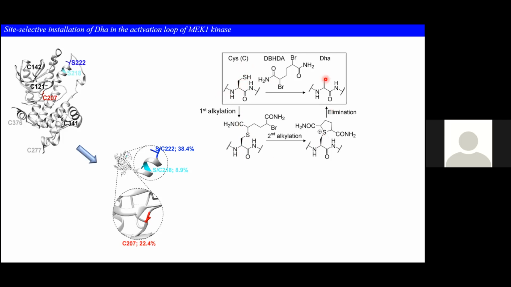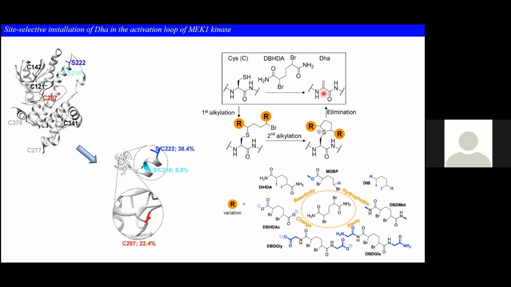Through these reactions, using this small compound, we can change this site to the dehydroamino acid site. In our group, former group member Dr. Gallen designed different derivatives of this compound. They have different reactivity, hydrophobicity, steric properties, and charges in order to facilitate the elimination step to form the DHA.